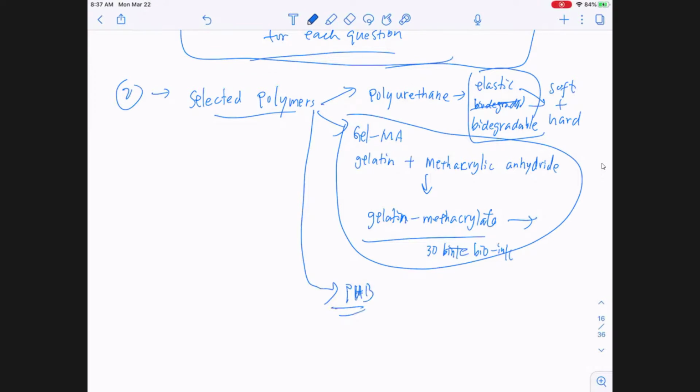That's interesting. PHB stands for polyhydroxybutyrate, okay? And what's interesting is that bacteria can make the polymer.